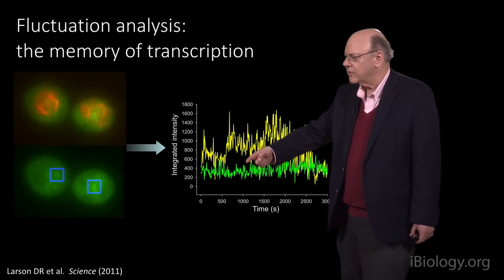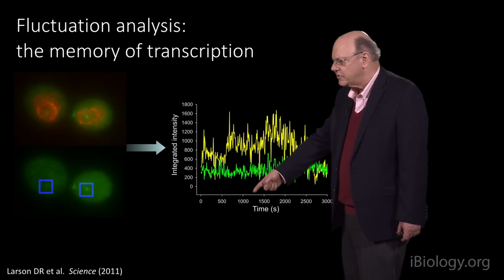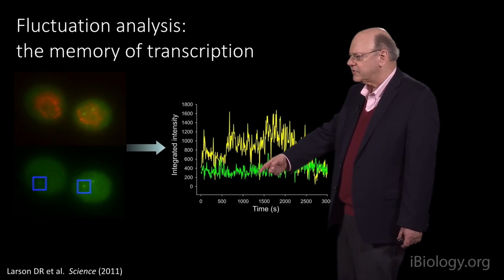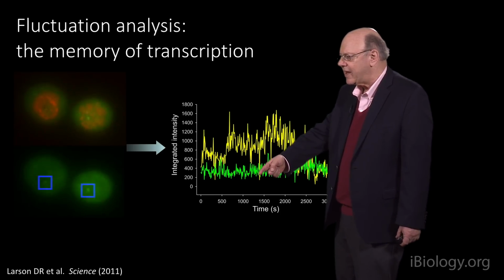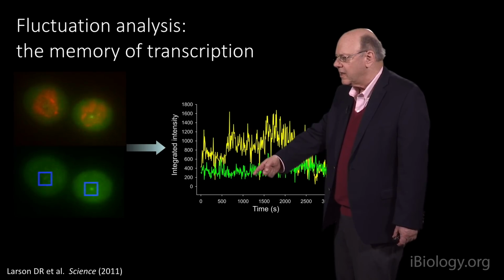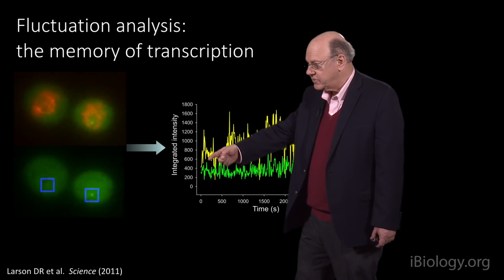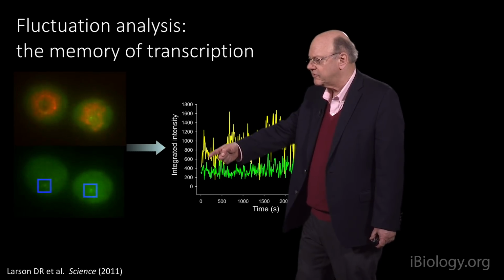The bottom line here, the green line, the baseline, is just the coat protein that's in the background that's not binding to the gene. And this yellow signal is the brightness of the fluorescence from the gene.